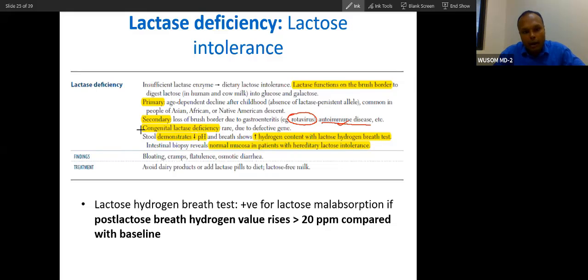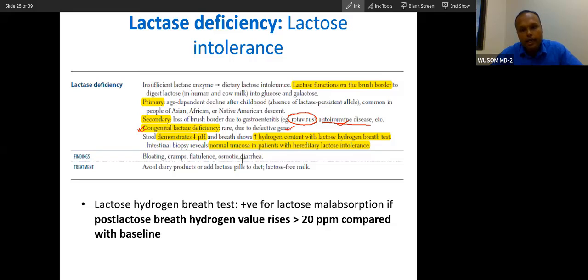So for congenital, you have to understand that after the baby is born, when the baby is fed with mother's milk, the baby is not able to digest it. There will be bloating in the baby's intestine. So there will be difficulty in digestion.